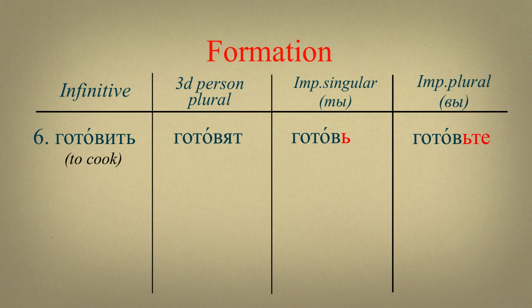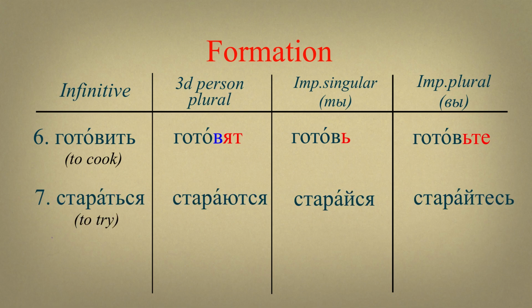For example, готовить. The stem ends in a consonant v and the ending ят is not stressed. Готовь, готовьте. If it's a reflexive verb and its stem ends in a vowel, as an example, стараться, add йся and йтесь.